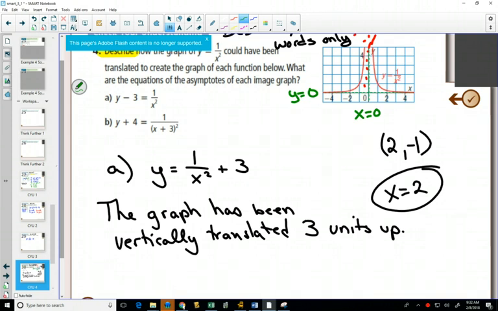Right? So here you can even imagine I'll just take those dotted lines. If I move that one up, does that change? Or is it still at x equals 0? Still at x equals 0. If I take this one and move it up 3, does it change? Yes, it does. So what are our new asymptotes? We'll still have x equals 0, but our new asymptote will be at y equals 3.